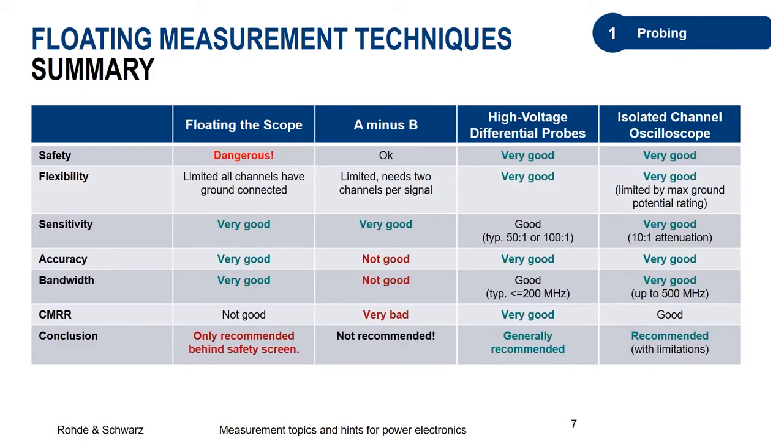The limit here is not only the probe. Typically, high voltage differential probes are only available for 200 megahertz, but even if you push the bandwidth of such a probe to higher bandwidths, to 300, 400 megahertz, usually you will get severe limitations because of the connection.